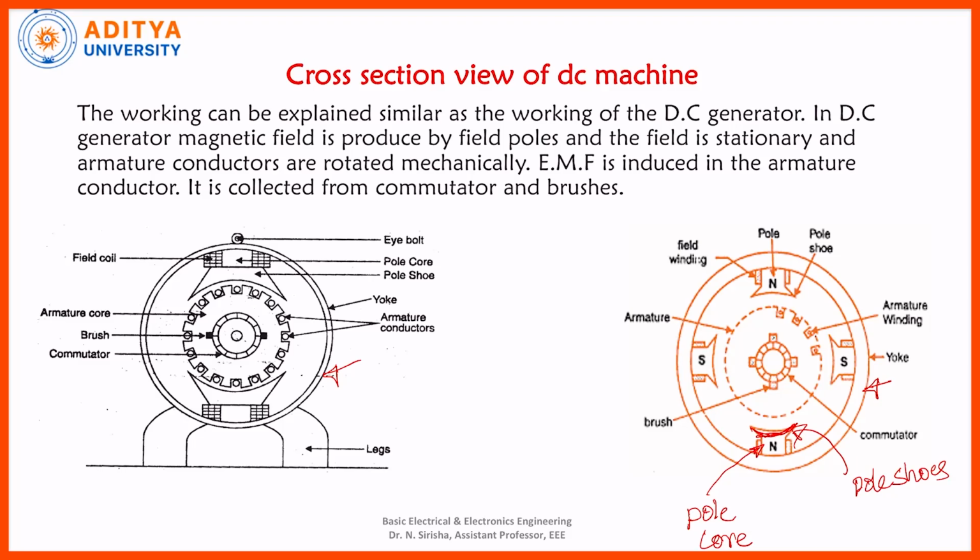So these electromagnets have a pole core and pole shoes. This curved structure forms the pole shoe and this rectangular part forms the pole core. On the pole core, windings are wound. Once windings are wound on the pole core, excitation is given with the help of these windings.